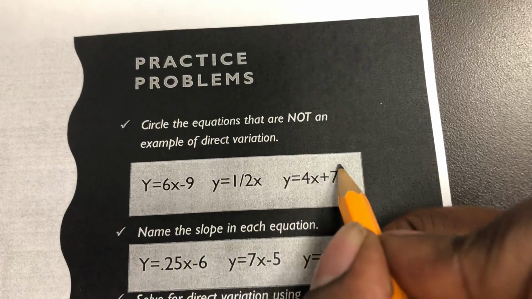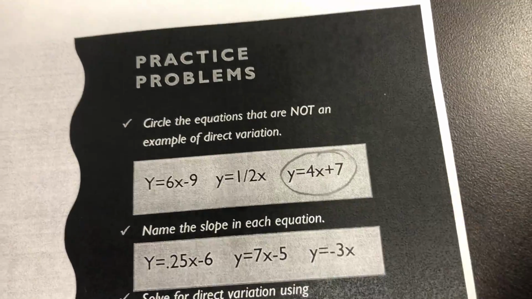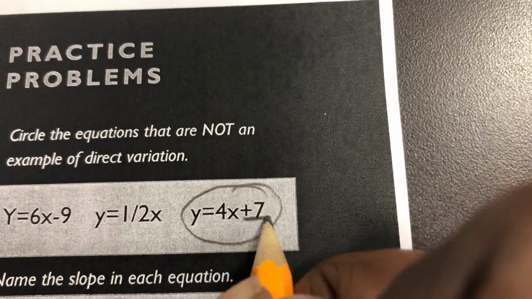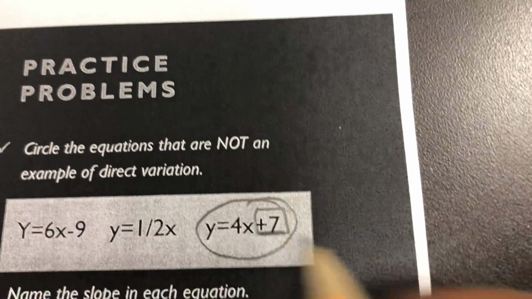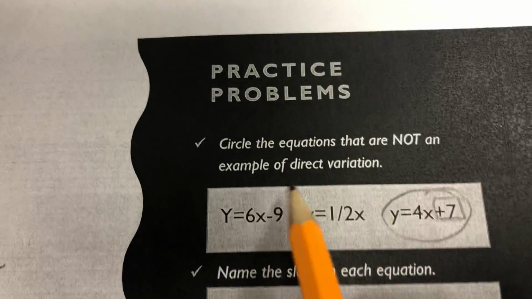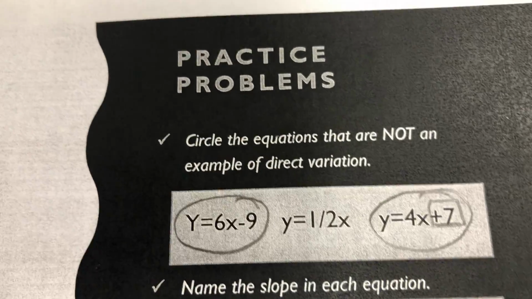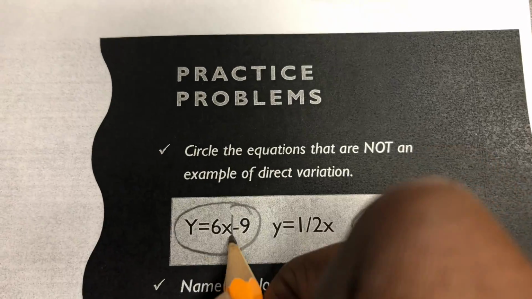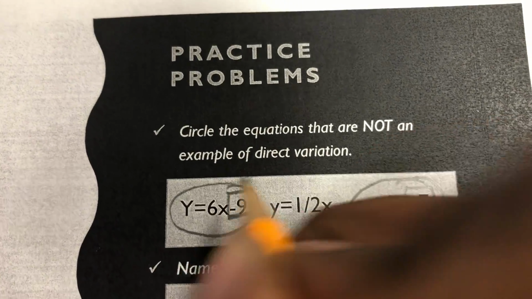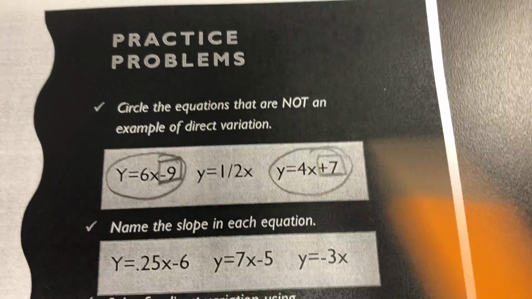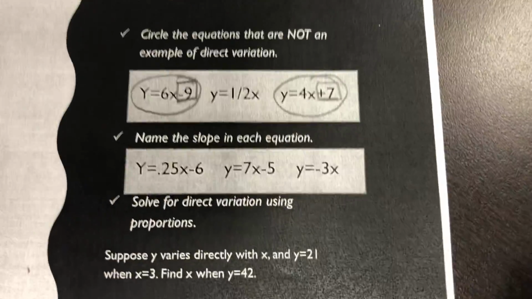This one would not be direct variation. Why? Because of this plus 7x right here. This one would also not be direct variation. Why? Because of the minus 9 right here. This one would be, though, because it does not have a plus or a minus number after it.